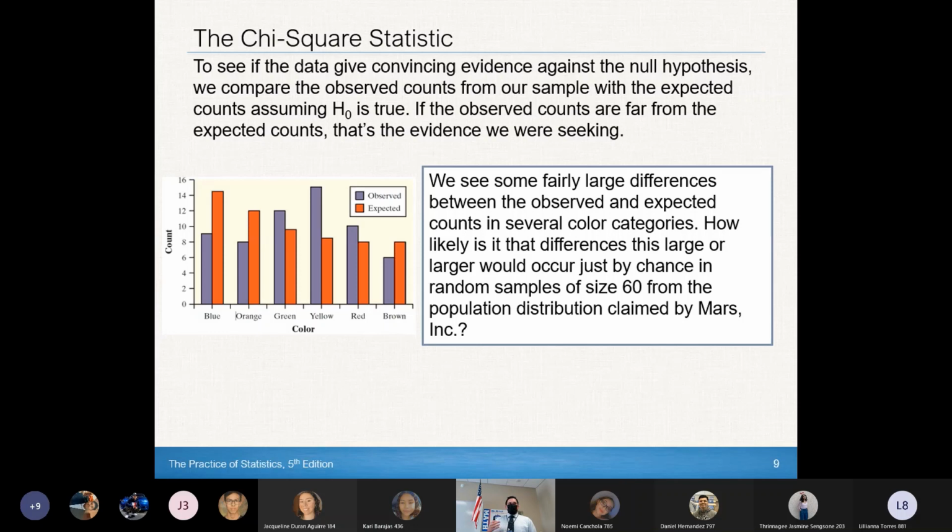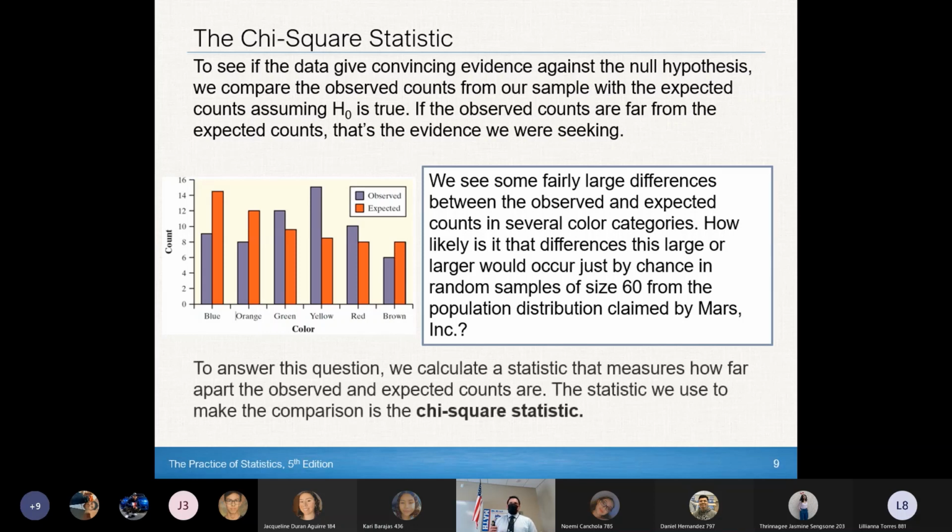The p-value is essentially the probability of getting the results that we saw in our sample if our null hypothesis is true. To answer this question, we calculate a statistic that measures how far apart the observed and expected counts are. The statistic we use to make the comparison is the chi-square statistic.